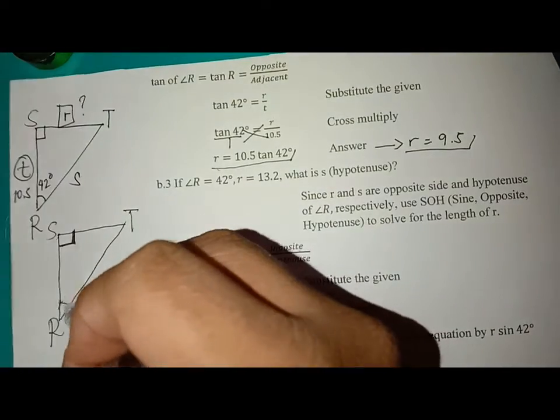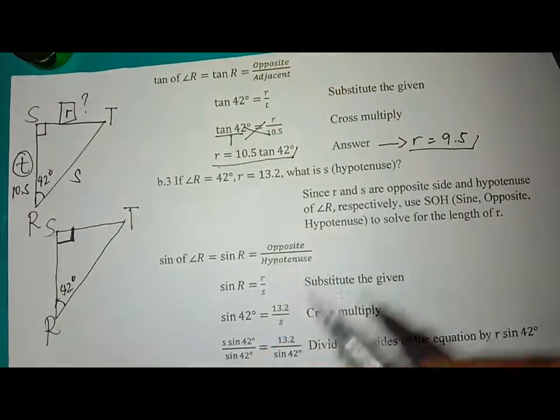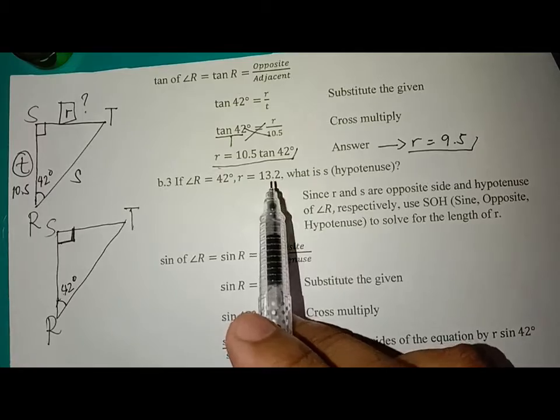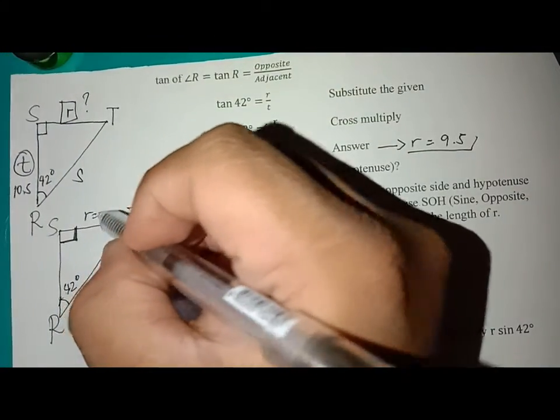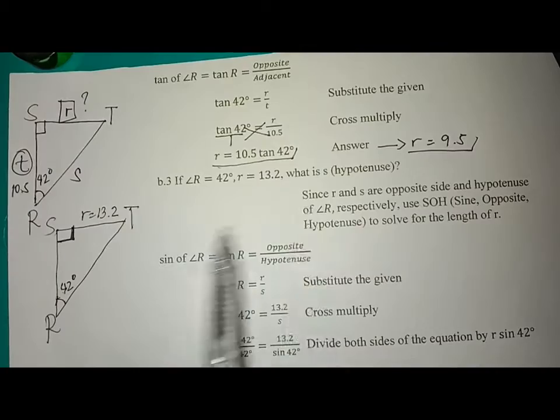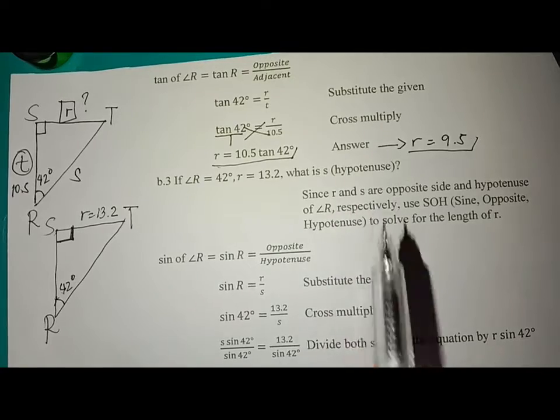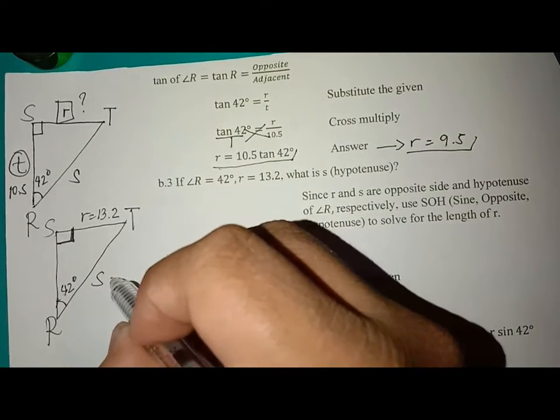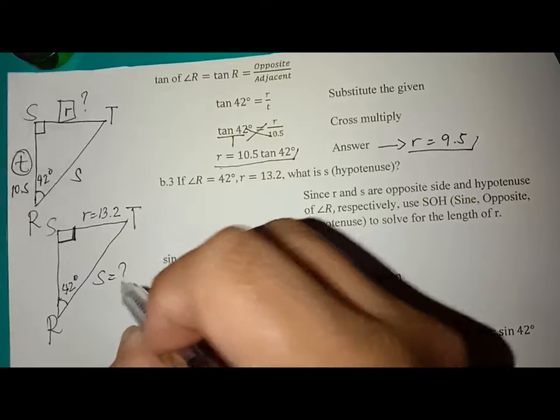Then the side R equals 13.2. Then what is S, or the hypotenuse? S is the unknown.